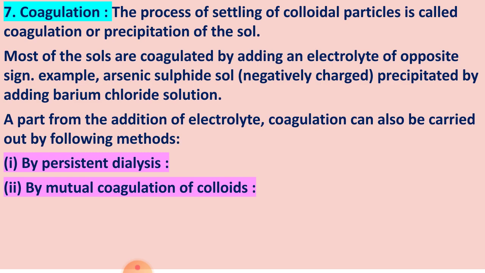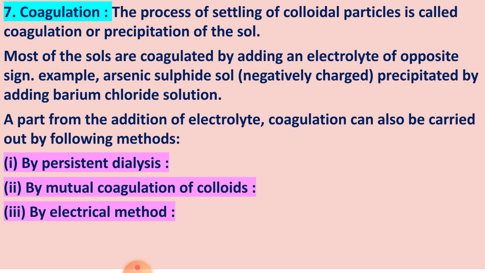For example, when negatively charged arsenic sulfide sol is added to positively charged ferric hydroxide sol, the precipitation of both occurs simultaneously. This method is known as mutual coagulation of colloids. One negatively charged sol can neutralize the opposite, positively charged colloid. That's why this process is known as mutual coagulation.